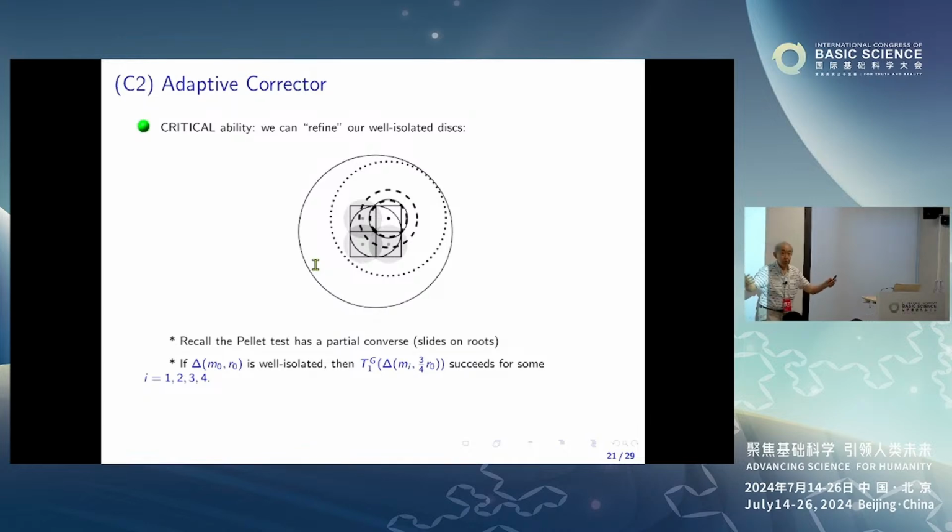You don't get any new roots. So it's well isolated. And so if this test is well isolated, at least one of the 4 will succeed. So now you have shrunk your test. And this is very powerful, very powerful. Nothing like this.